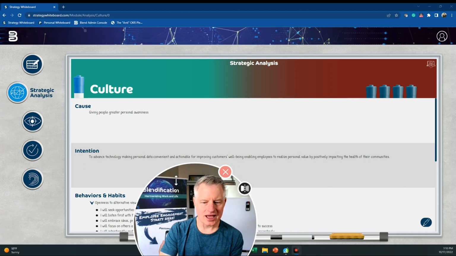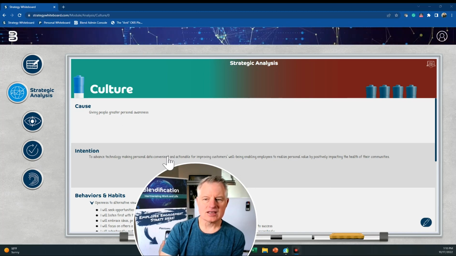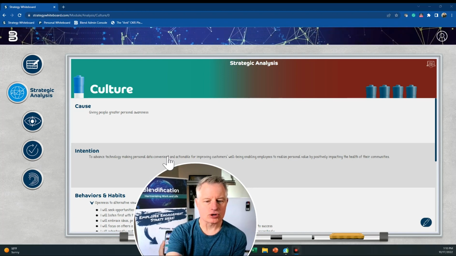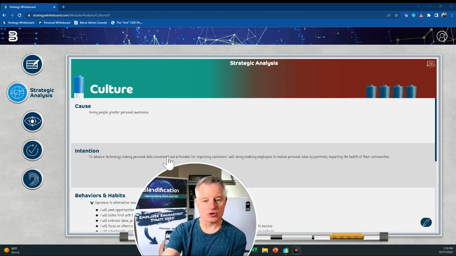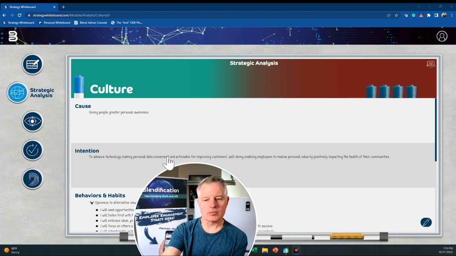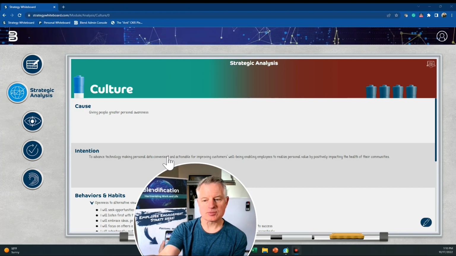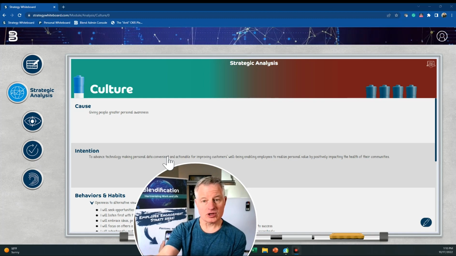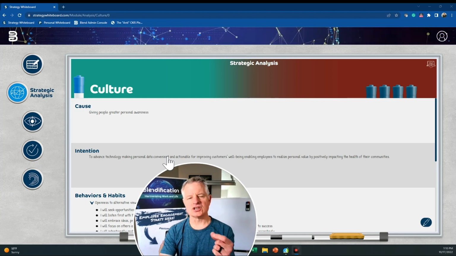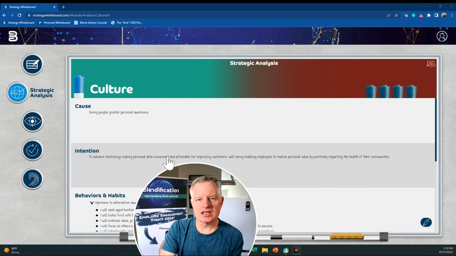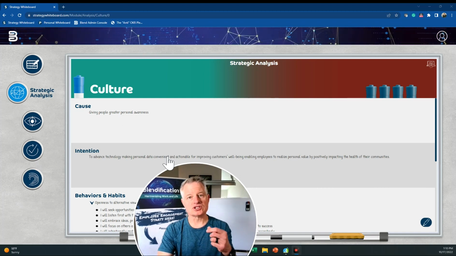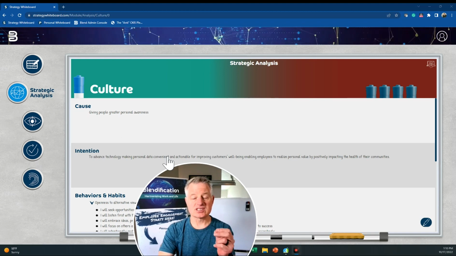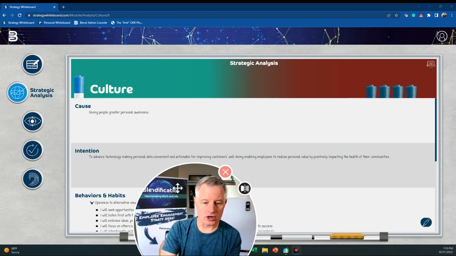And that statement of intention really is to advance technology, making personal data convenient and actionable for improving customers' well-being, enabling employees to realize personal value by positively impacting the health of their communities. So what this statement of intention does, it addresses the organization's intention for its employees, its customers, and communities, key stakeholders within the organization.